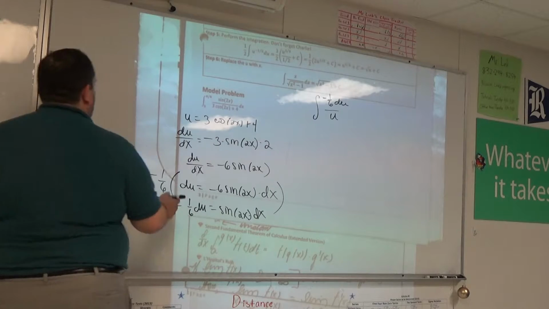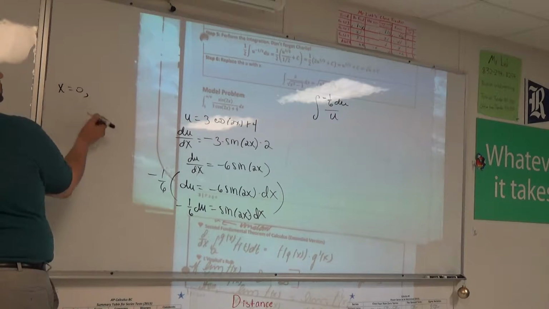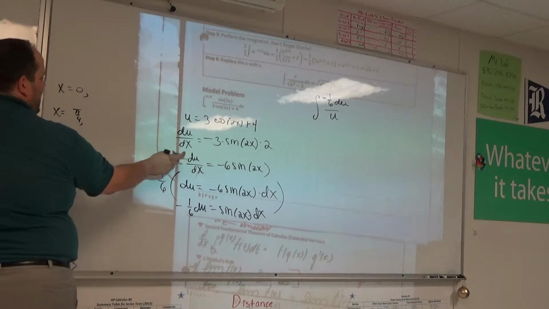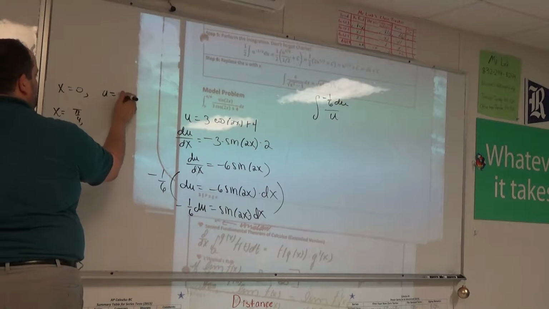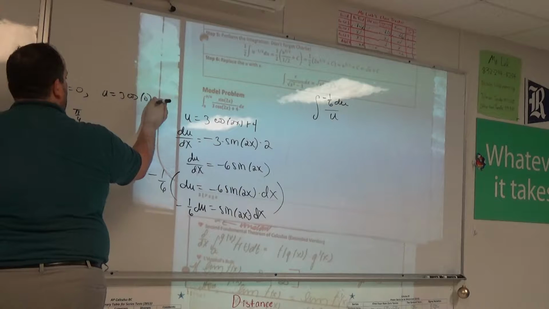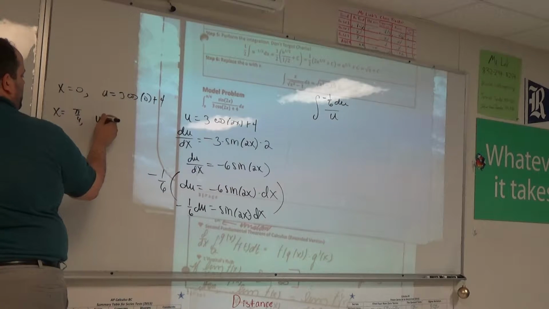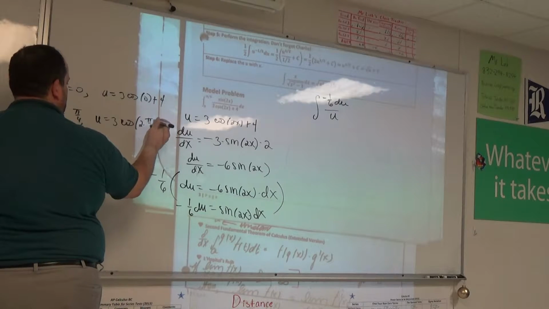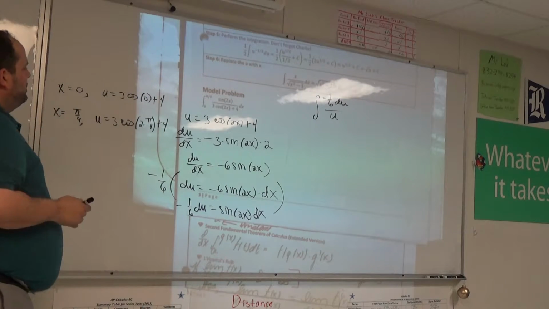They have to change. So if x is equal to 0 and x equals pi over 4, I need the new u values. U is 3 cosine of 0 plus 4. U is 3 cosine of 2 times pi over 4 plus 4.